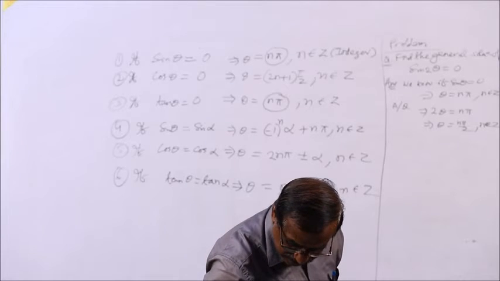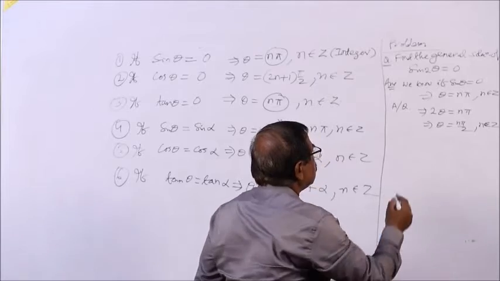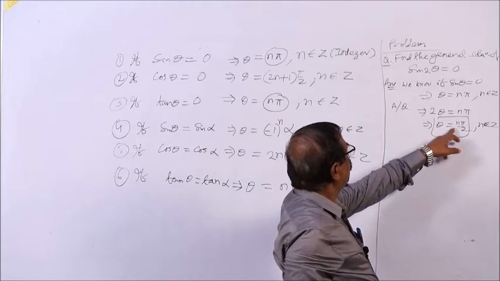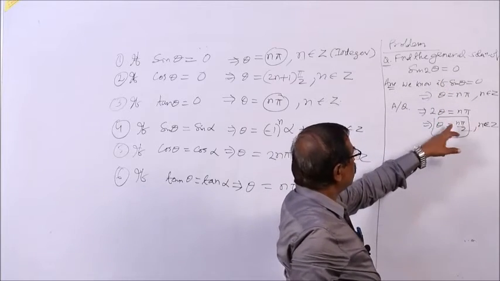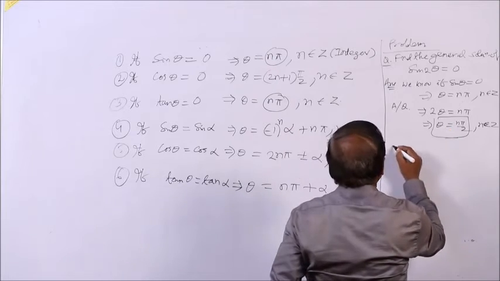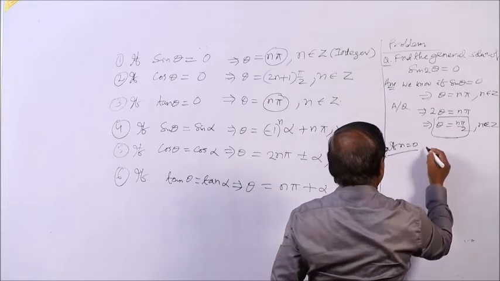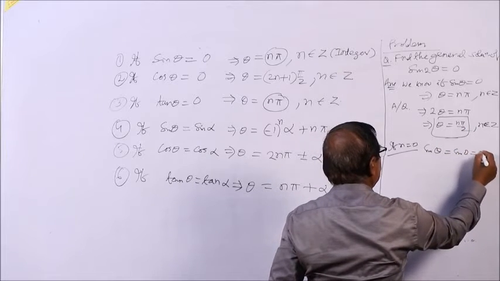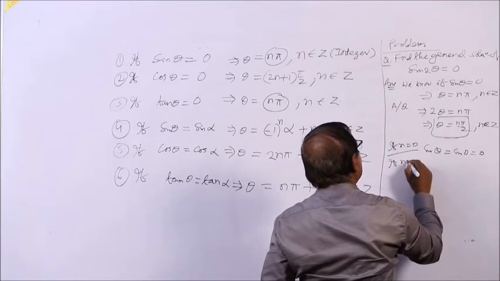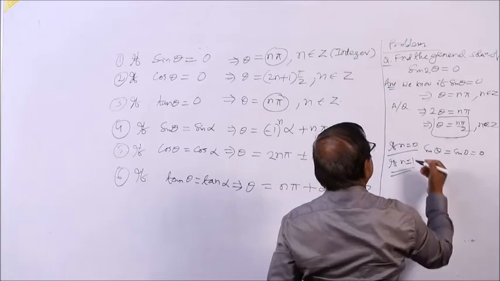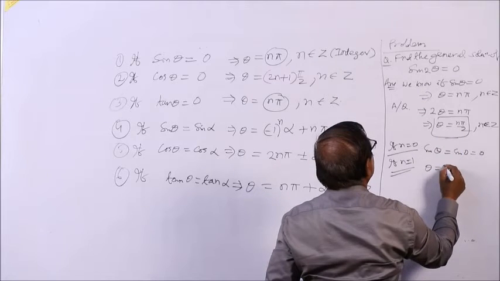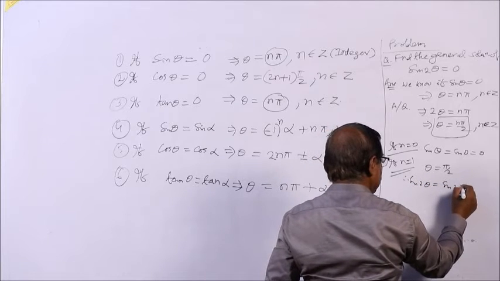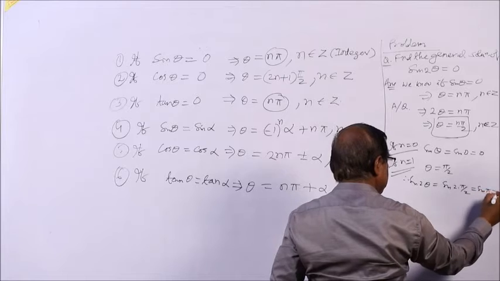This is the general solution. You see, theta is n pi by 2. If n is 0, theta is 0, so sin 0 is 0, satisfied. If n is equal to 1, theta is equal to pi by 2. Therefore sin 2 theta is sin 2 into pi by 2, that is sin pi, 0.